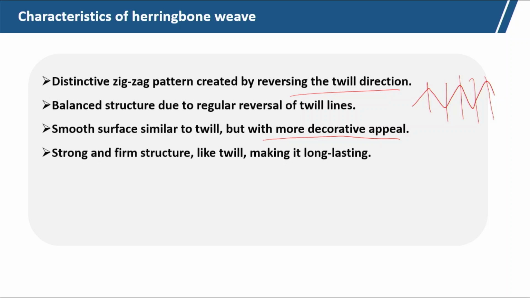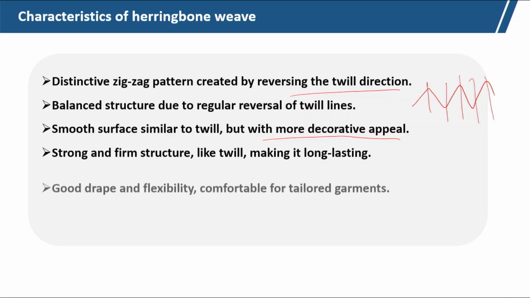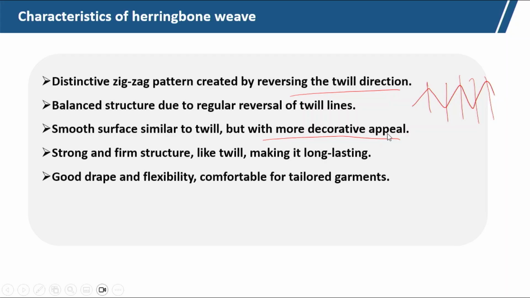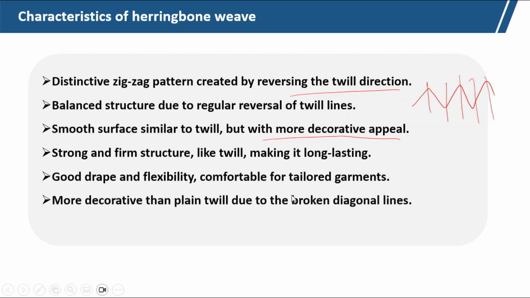Strong and firm structure like twill making it long lasting. Like twill, it also has a good drape and flexibility and is comfortable for tailored garments. Here it is more decorative than twill.